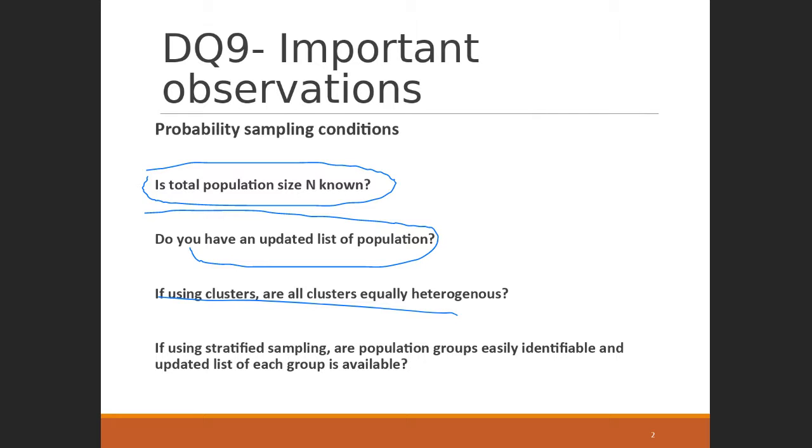The third question is: if you are using cluster sampling, you need to ensure that all clusters are equally heterogeneous. It is very difficult to determine that. For instance, I'm teaching a research methods course to four different sections. Can they be called equally heterogeneous?